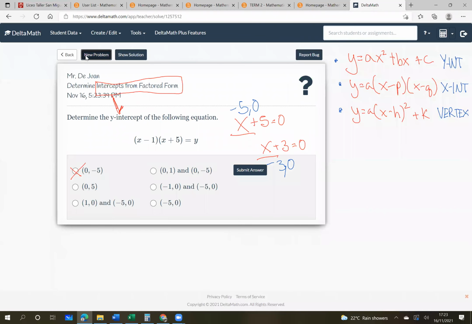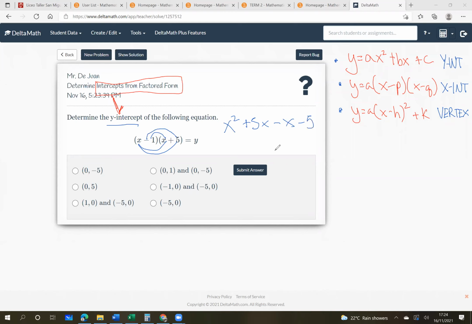Let's take a look at this one more time. I don't want to erase what's in the top right corner because it's going to be very useful for what we're about to do. Once again, y-intercept. So we have to multiply: x squared, x times 5 is plus 5x, negative 1 times x is negative x, and negative 1 times 5 is negative 5.